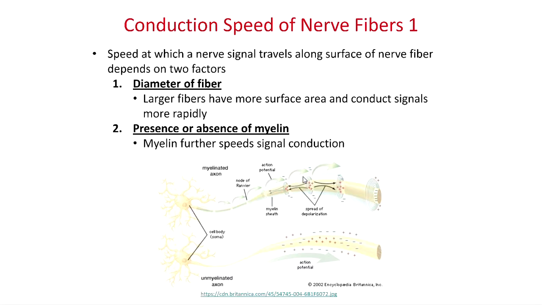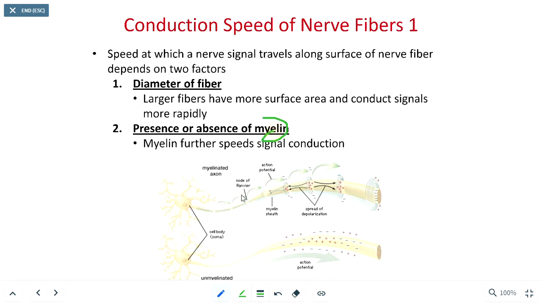And as we're thinking about conduction speeds, the myelinization point, or how myelinated it is, influences the conduction speed. If we have myelin present, the action potential, the electrical signal, jumps from node of Ranvier to node of Ranvier. This is referred to as saltatory conduction, as it's jumping from node to node to node.